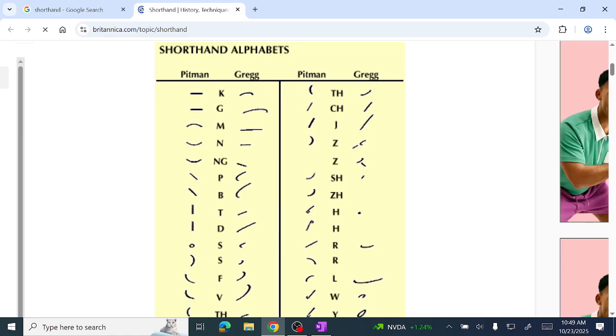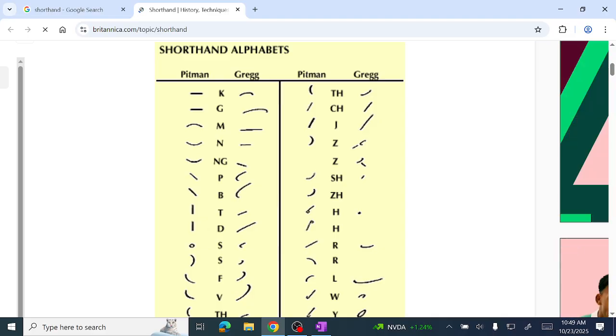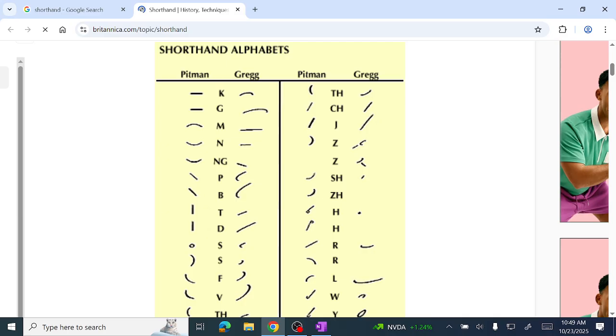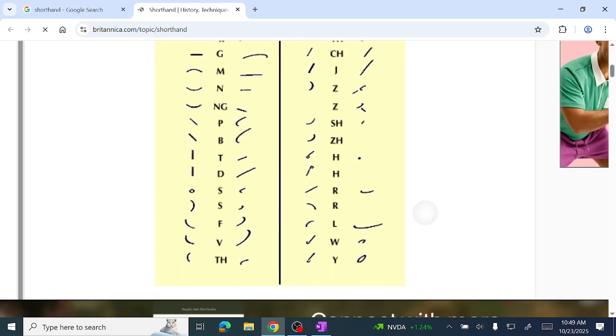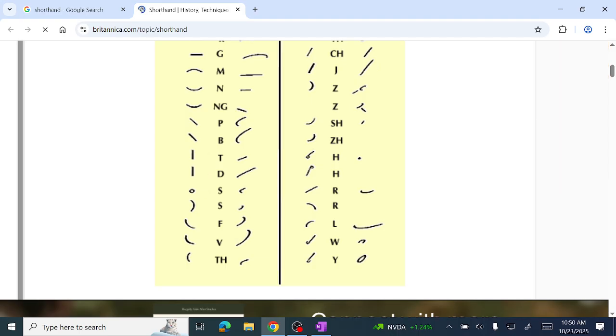So if you were the person who was doing this, you usually had a secretary and you would dictate your letter to the secretary. So you just talk, okay? And the secretary would write down what you said. Now, in order for that secretary to keep up, they needed to be able to write very quickly. So rather than having all the words, they would have symbols that just shortened everything.